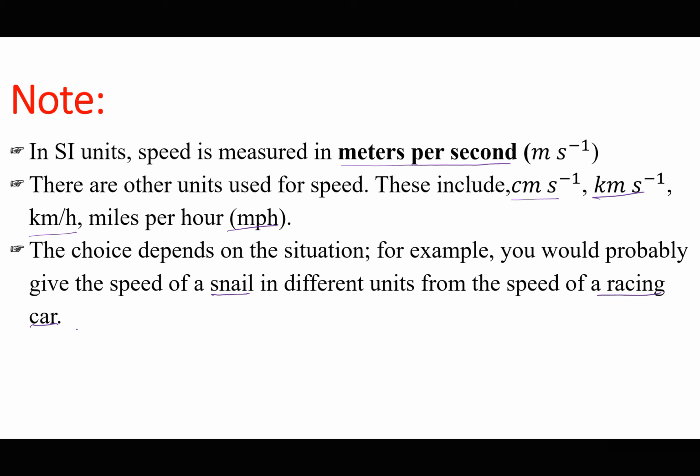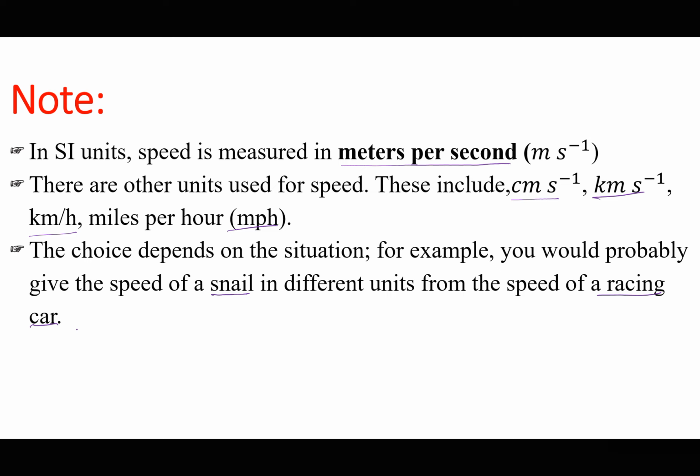You can't give the same units for the speed of light as for the speed of a snail, because these are very different speeds. The speed of light is extremely high compared to the speed of a snail. So the choice of units may depend on the magnitude or the size of the quantity being measured.